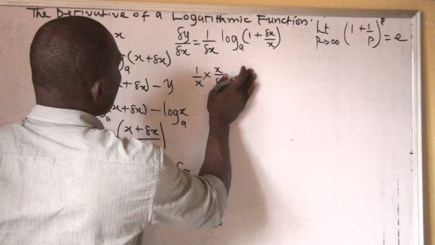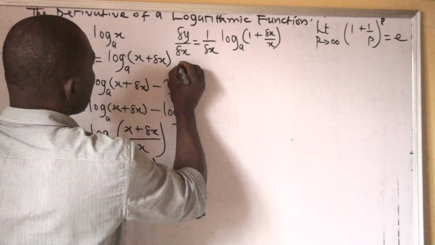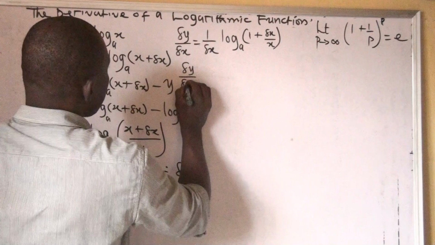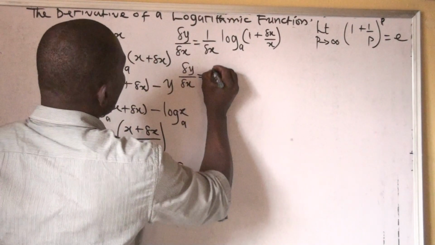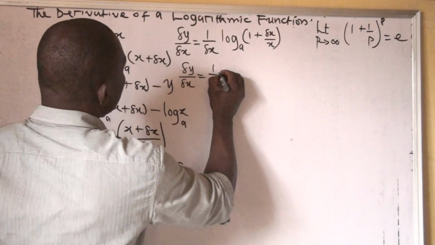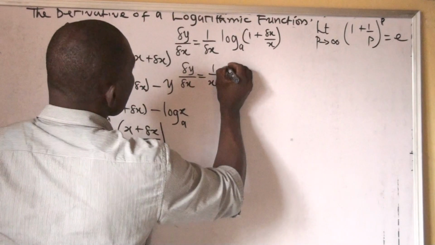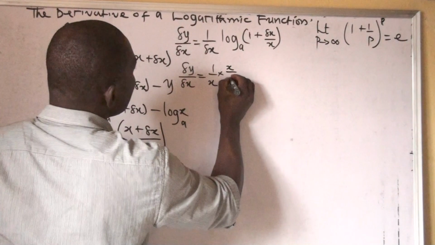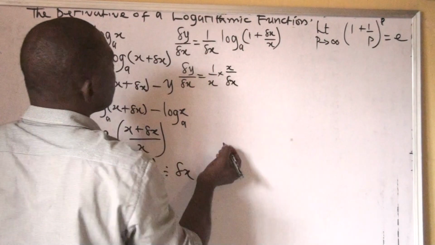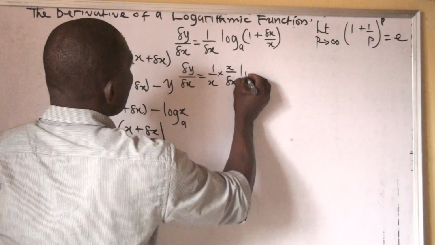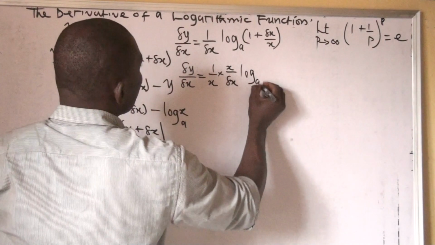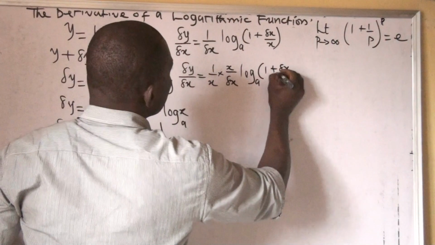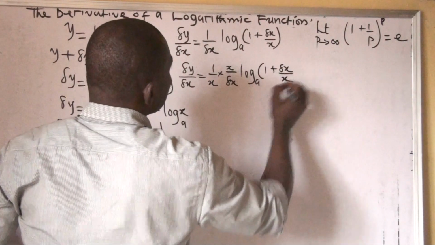So delta y over delta x is equal to 1 over x times x over delta x, times log to base a of 1 plus delta x over x.